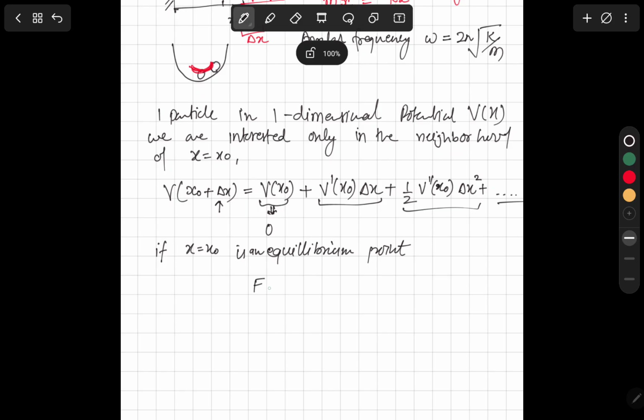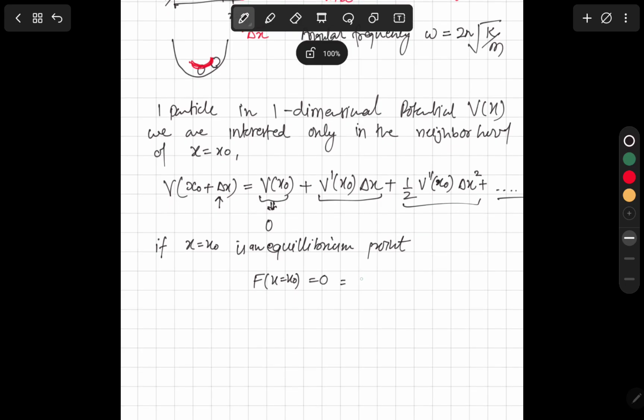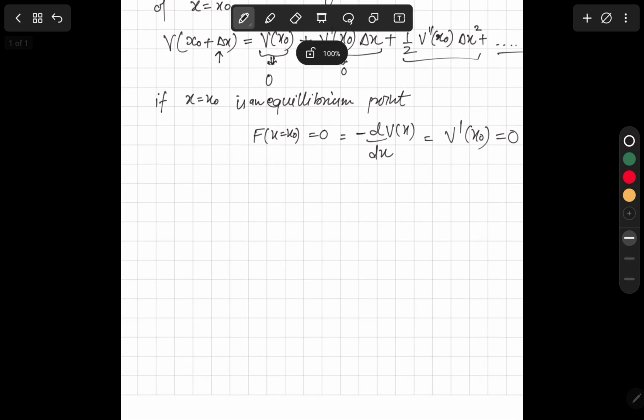So F at x equal to x naught should be 0, and F for a conservative system is given by the negative derivative of the potential energy. So here it will be minus V dash of x naught, and it should be 0. So the second term is also 0. So what we are left with in the end is V of x naught plus delta x, which should be equal to half of V double dash of x naught times delta x square.